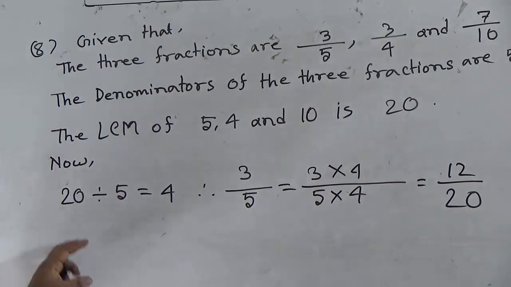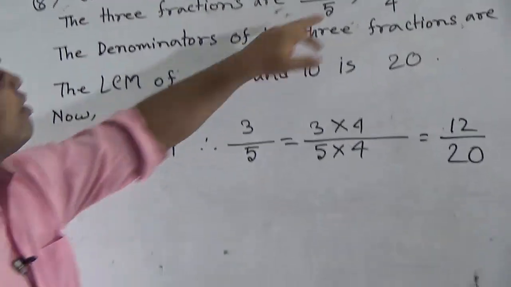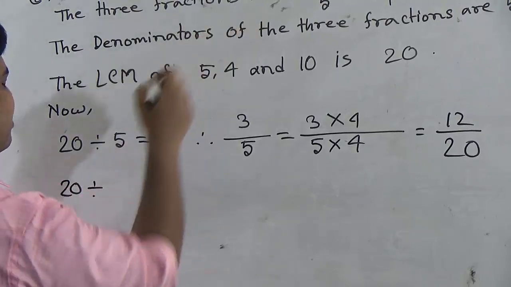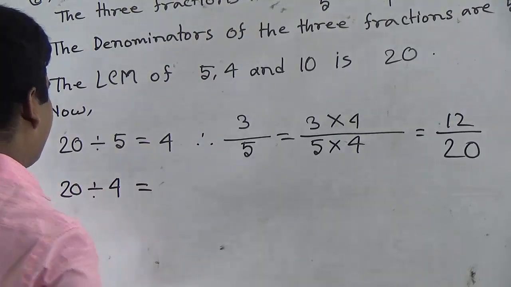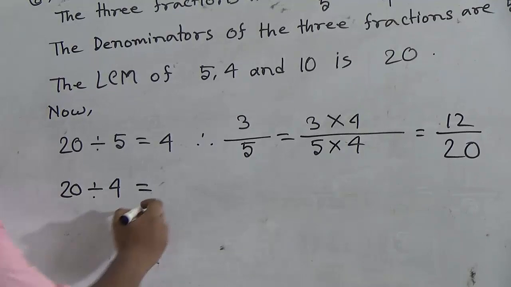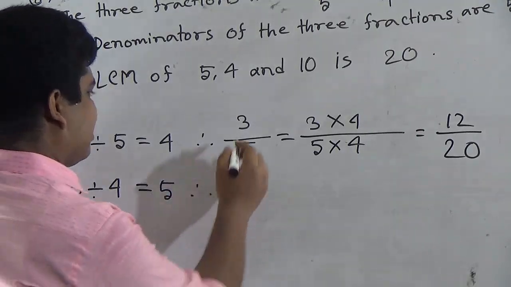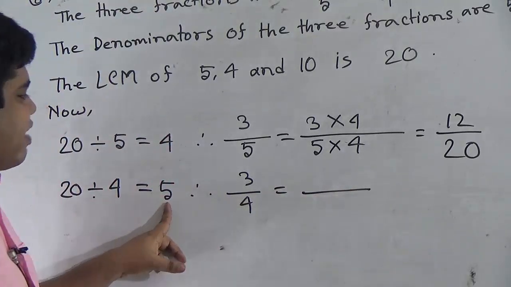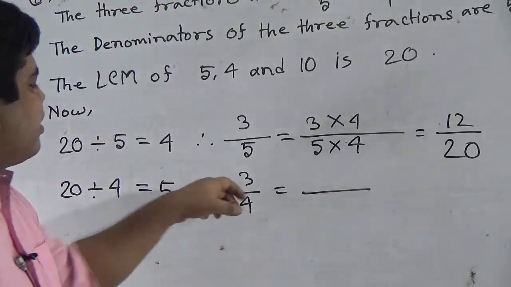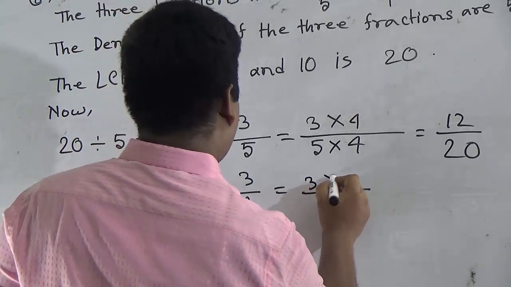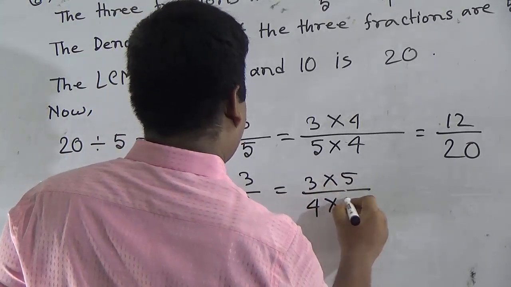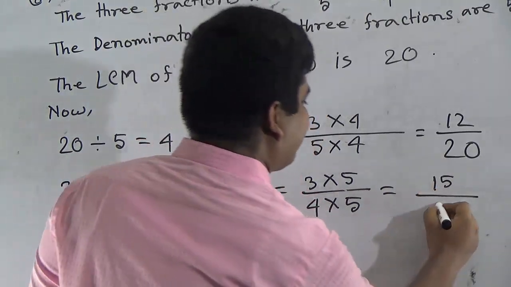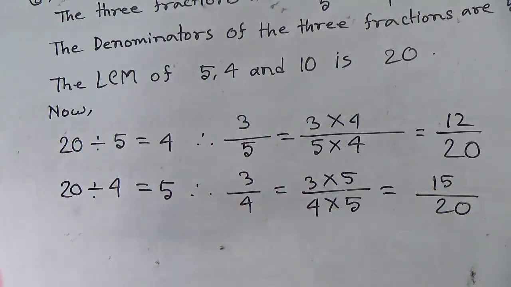Then we shall do the same procedure for fraction 2. We divide 20 by the denominator of the second fraction, 4, and we get 5. Then write the second fraction 3 by 4 and multiply numerator and denominator by 5. 3 multiply 5, 4 multiply 5: 3 fives are 15 and 4 fives are 20. Okay, done?